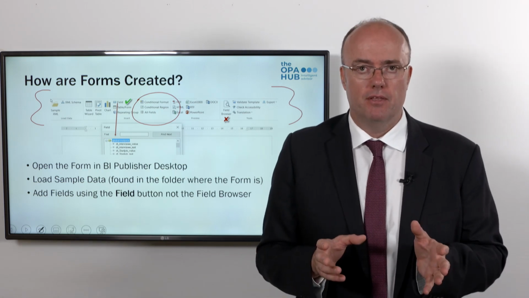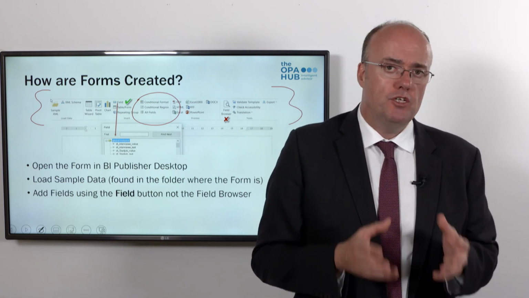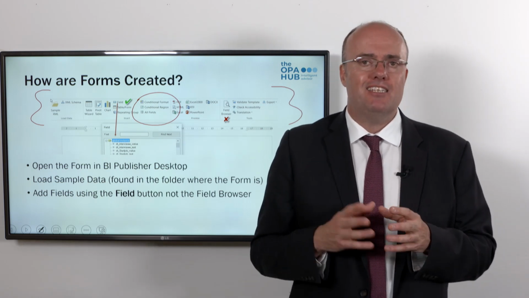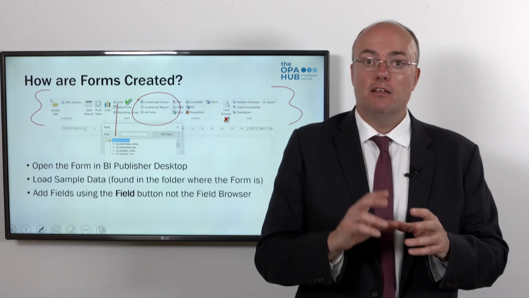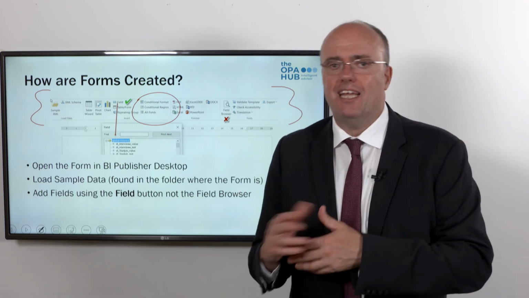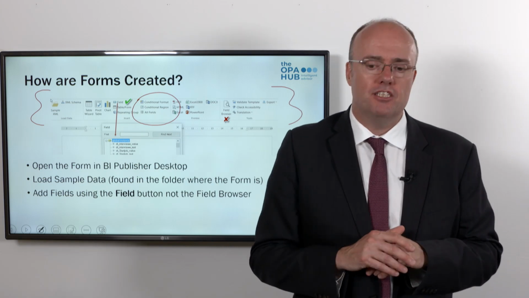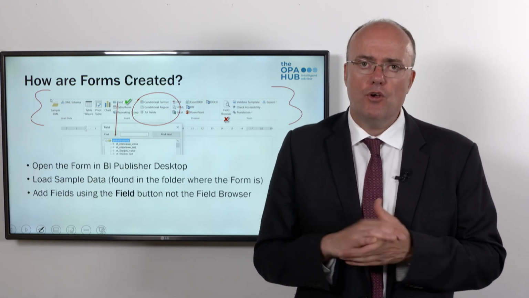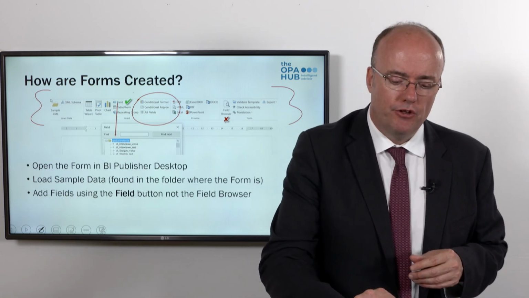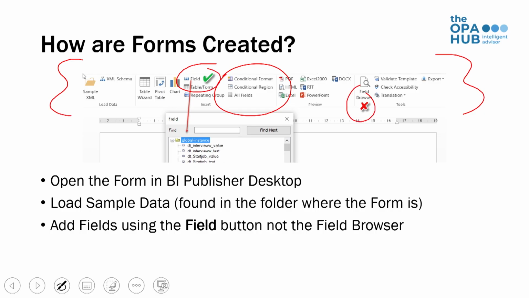When the interview is put in the hands of the end user, Intelligent Advisor takes care of taking this template and transforming it into a PDF, respecting all the things that you asked for. When you're working in this toolbar, a word of advice: there's a field option here and a field browser option here.